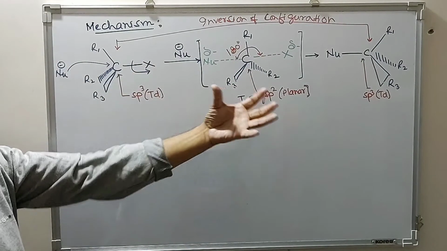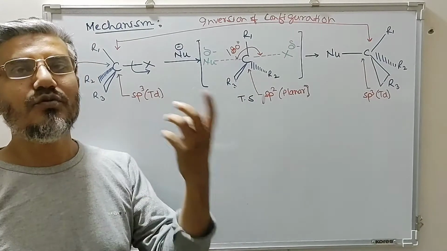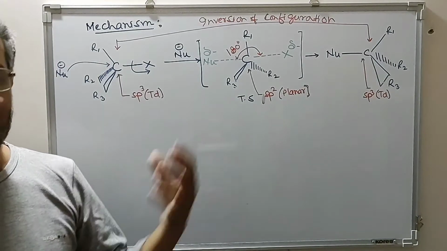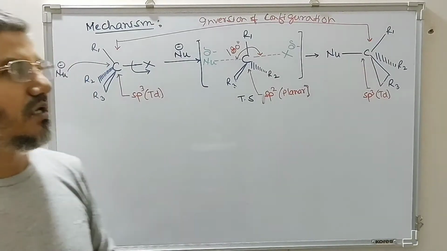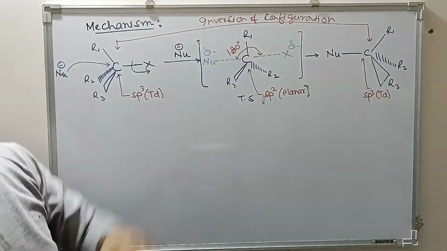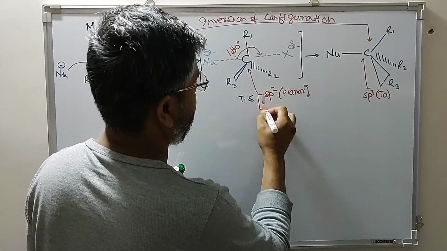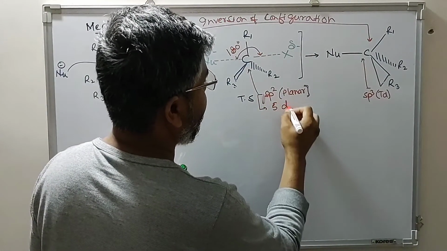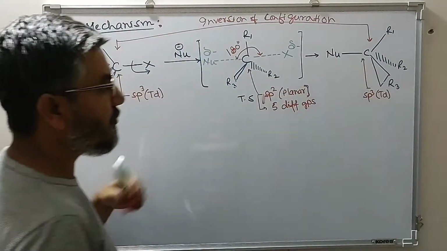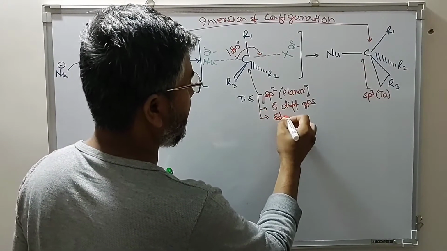Now take the second part. If we have the same halide and the alkyl groups are different, then methyl was the most reactive and tertiary was the least reactive. Now look at this. In the transition state, carbon is attached to 5 different groups. Now as the carbon is attached to 5 different groups, we say this is a sterically hindered carbon.